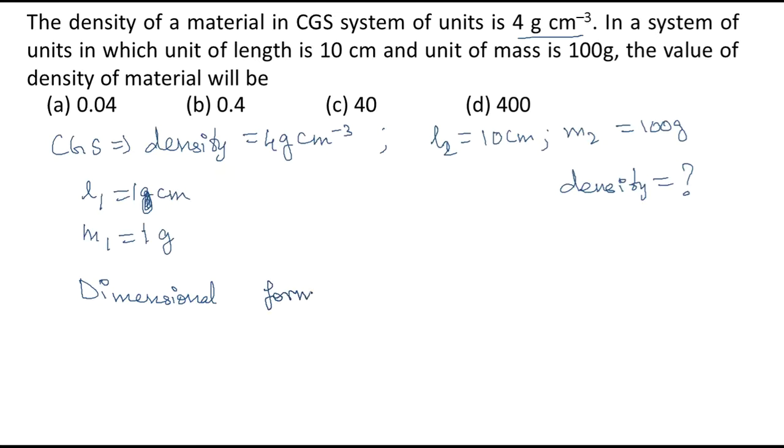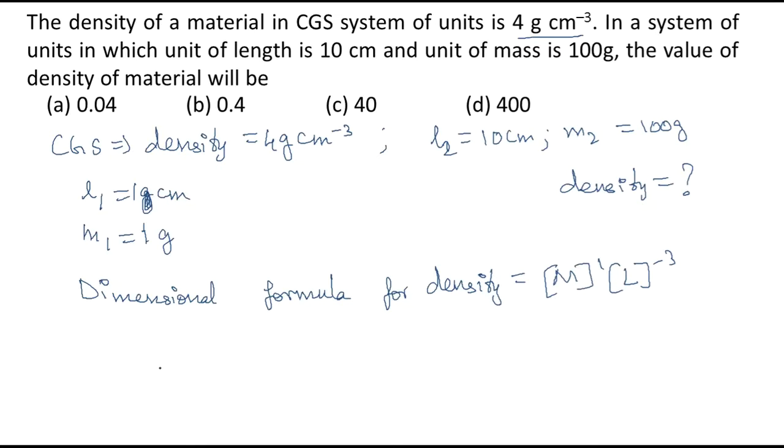The dimensional formula for density is the same in both units. We already know the dimensional formula: M power 1 L power minus 3, because density is equal to mass by volume, and volume is nothing but length power cube.